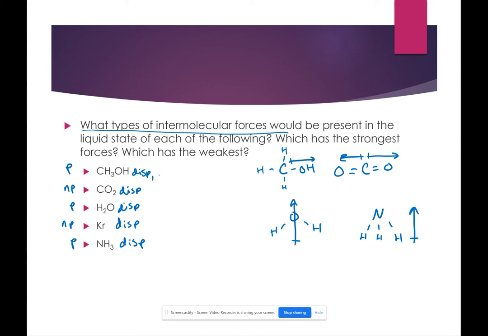Polar molecules also have dipole-dipole forces. So any polar molecule is going to have dipole-dipole. And then the last one we look for is hydrogen bond. Is hydrogen bonded to oxygen, fluorine, or nitrogen? And for this example, it actually so happens that, yes, they all also have hydrogen bonds.